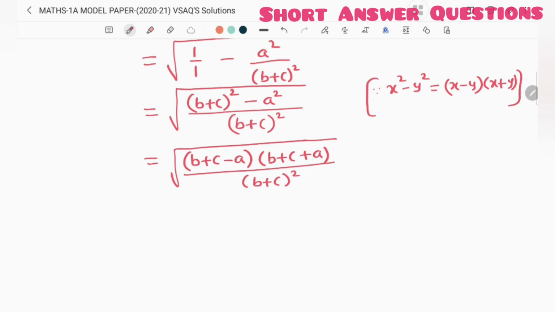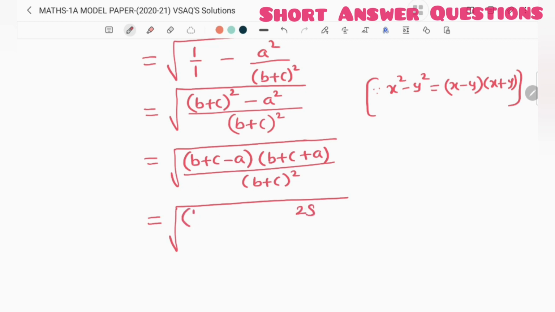Otherwise we can write it like this also. Square root of a plus b plus c, that value is 2s.